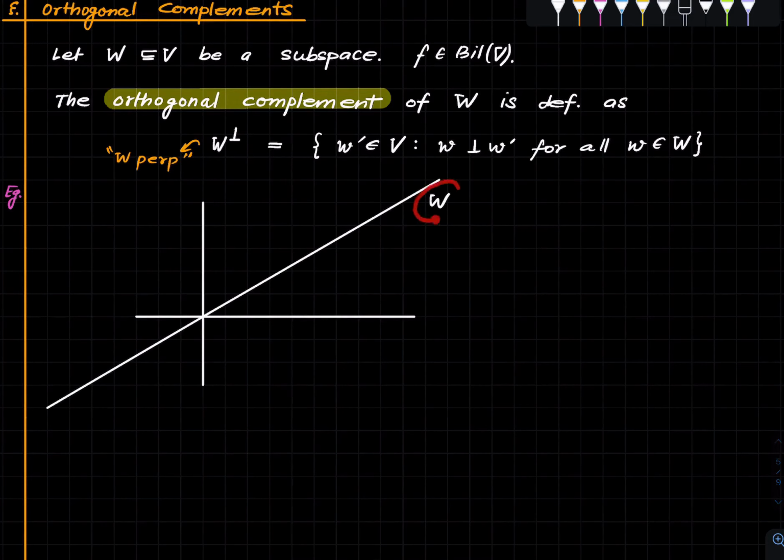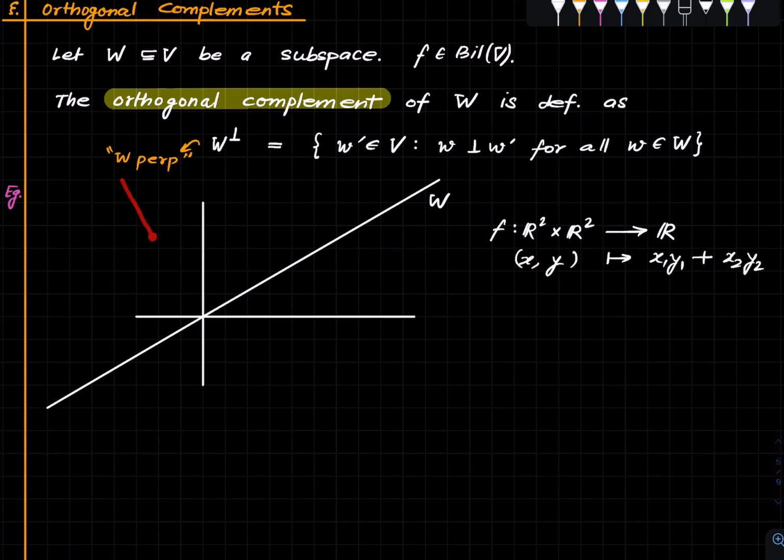So this is W, and then the orthogonal complement of W will be this line, where of course I'm using the same bilinear form as in the last slide, the dot product one. So all of these things will constitute W perp. Okay, and you can think about the higher dimensional versions. You can consider the same kind of bilinear form for R3 and visualize what is going on. But for now, this is the only example I want to do.